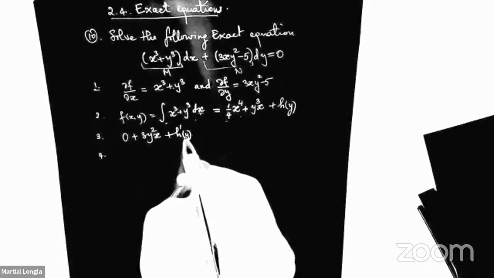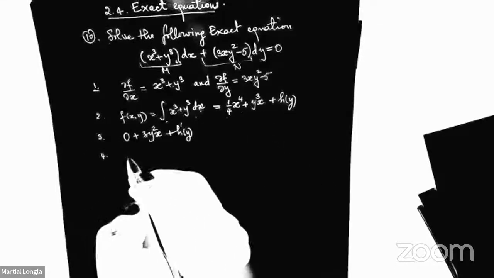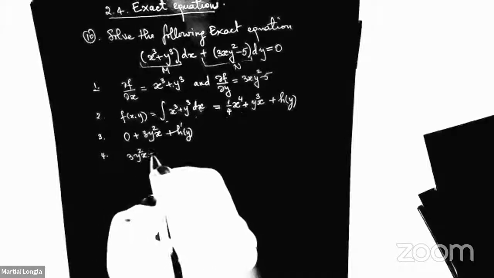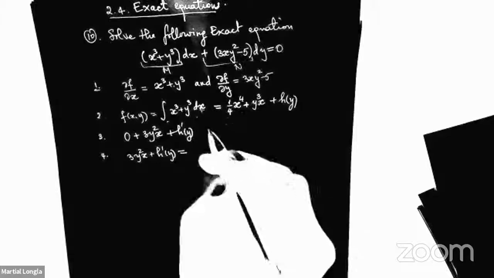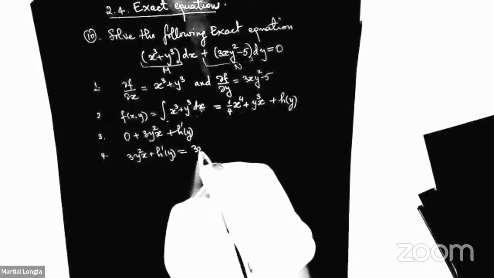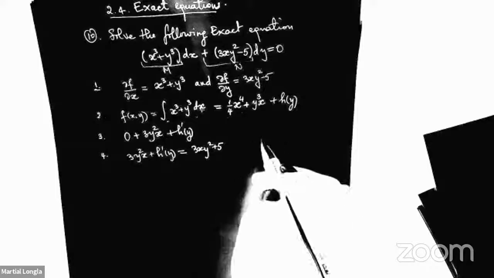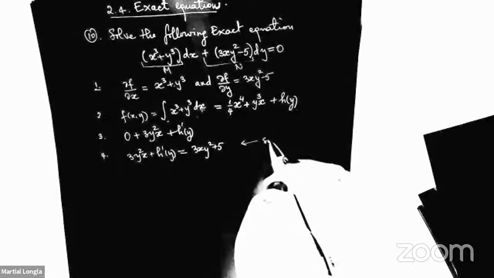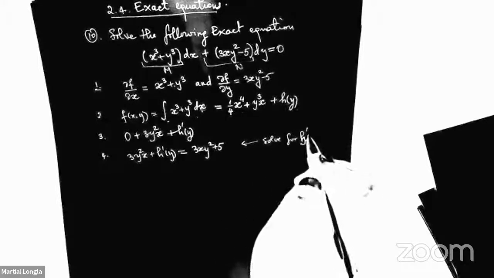Then you set that thing equal to the n that you have in the equation. So 3y squared x plus h prime of y equals 3xy squared plus 5. At this point, what you need to do for the next step is solve for h prime of y.